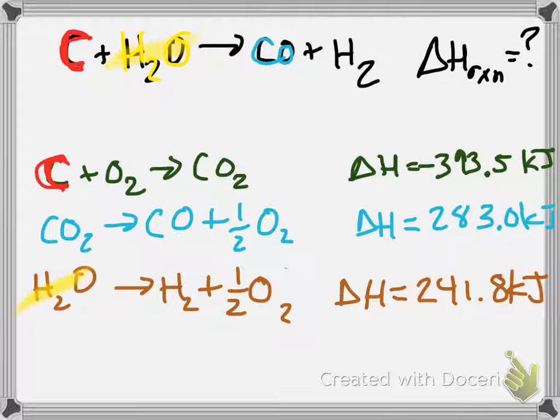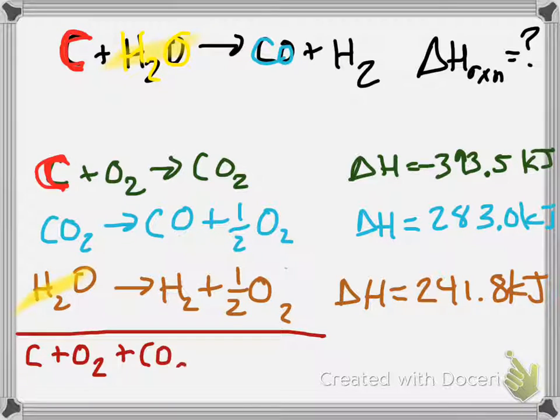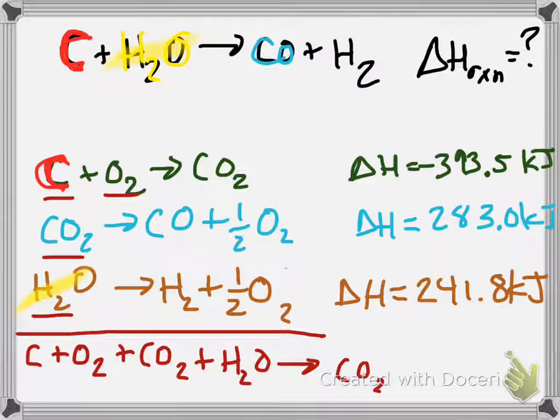Okay, so when we add all of these reactions together, our reactant side is carbon plus oxygen plus carbon dioxide plus water, which would become carbon dioxide plus carbon monoxide, plus 1/2 oxygen plus 1/2 oxygen.